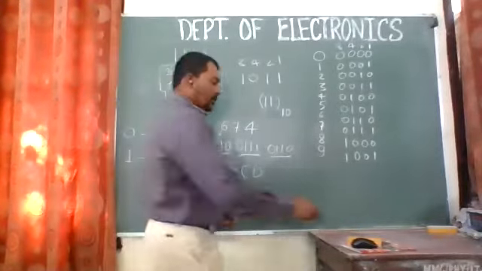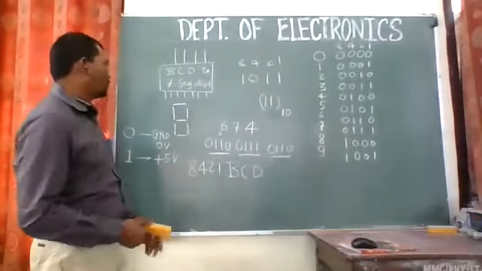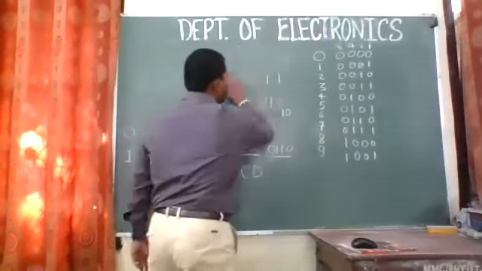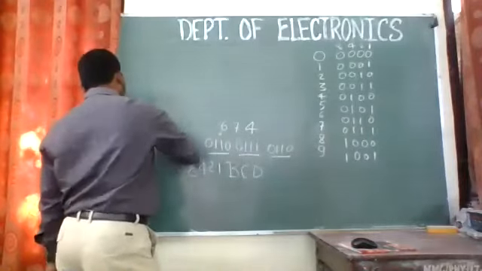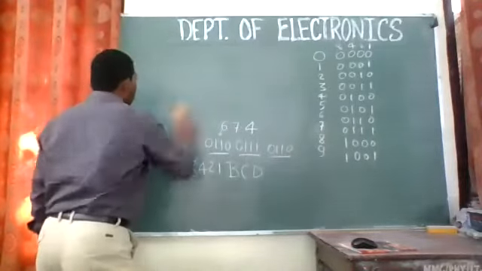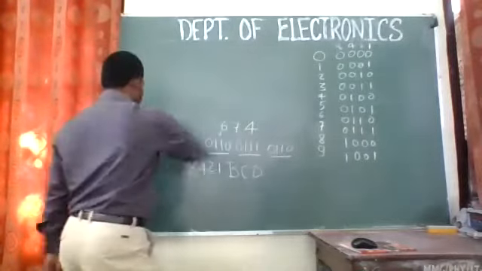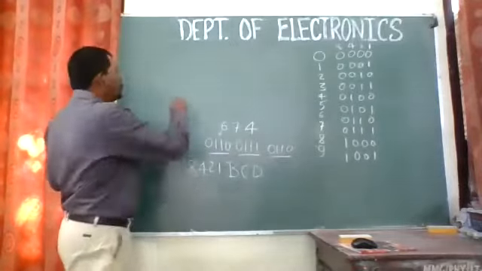So you can also convert any number. Just to check whether you have understood or not, let me give you two examples, and kindly tell me what would be the 8421 BCD code of that particular number. I'm just putting it for example. Let us start with this. I guess we have already done this.